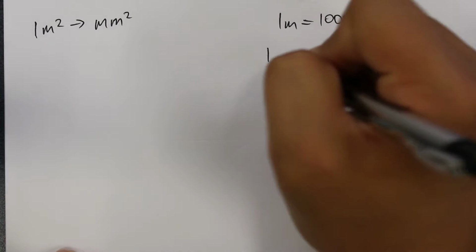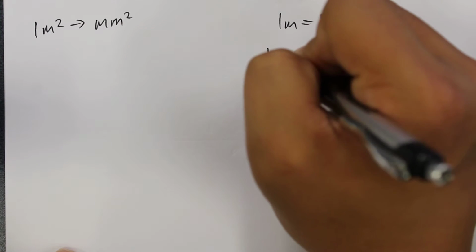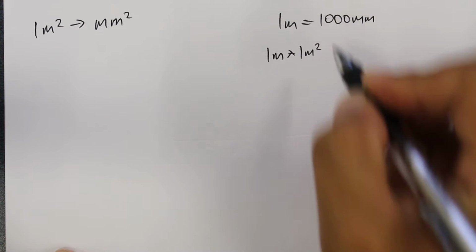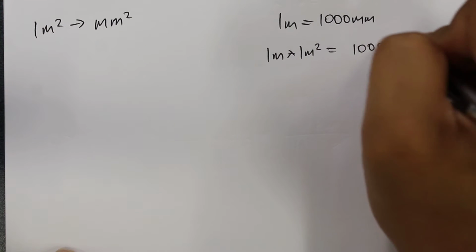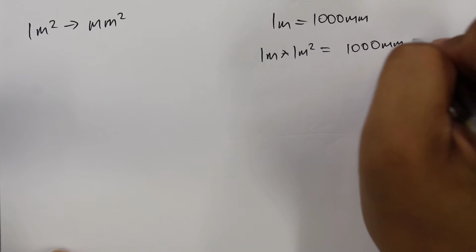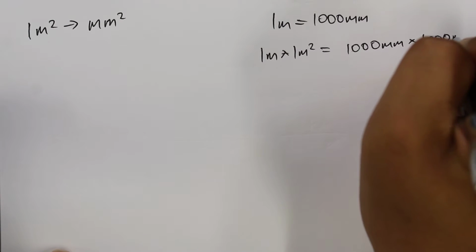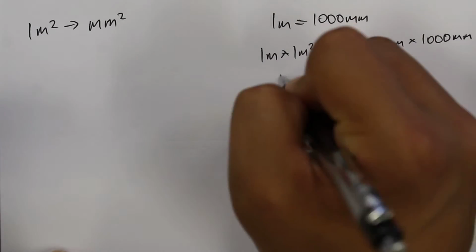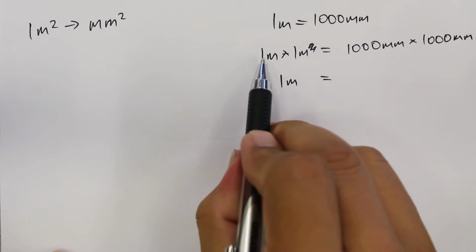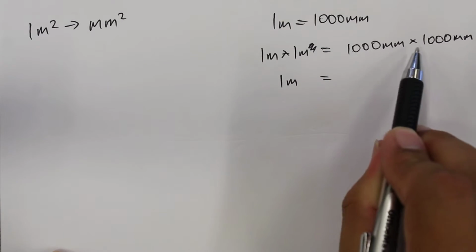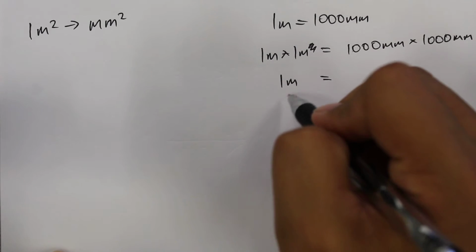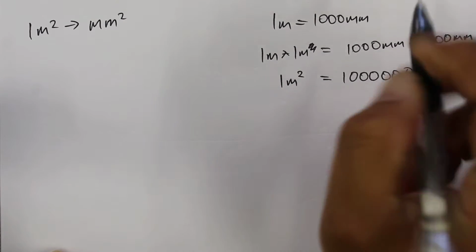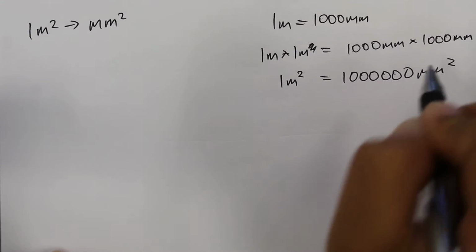So in 1 meter squared, this is the same as 1,000 millimeters times 1,000 millimeters. So here we can write down that 1 meter by 1 meter is equal to 1,000 millimeters times 1,000 millimeters. So in 1 meter squared we have a 1 with 6 zeros, millimeters squared.